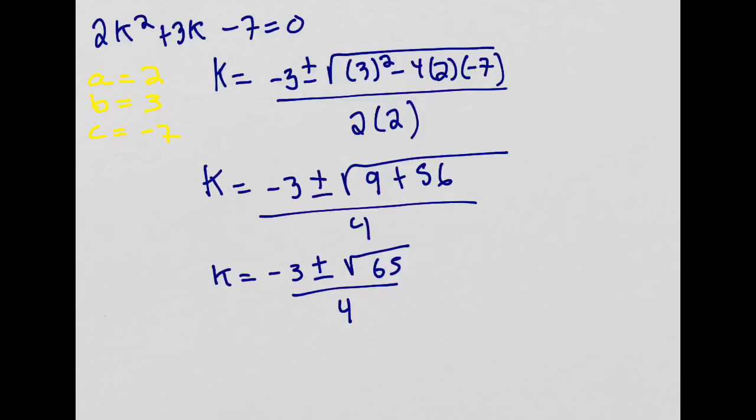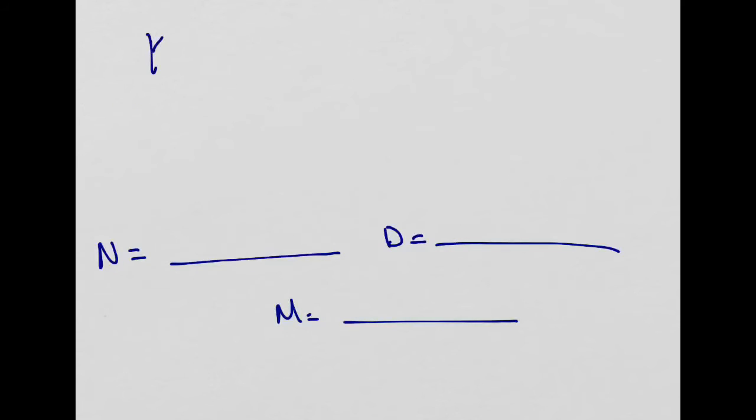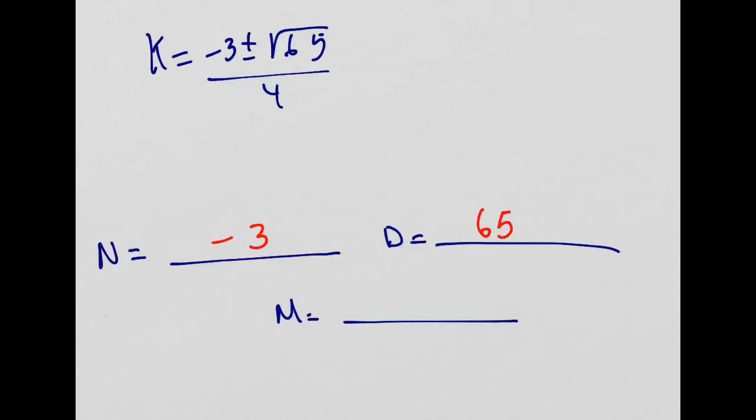So we are left with k equals negative 3 plus or minus the square root of 65, over 4. So n is negative 3, d is 65, and m is 4.